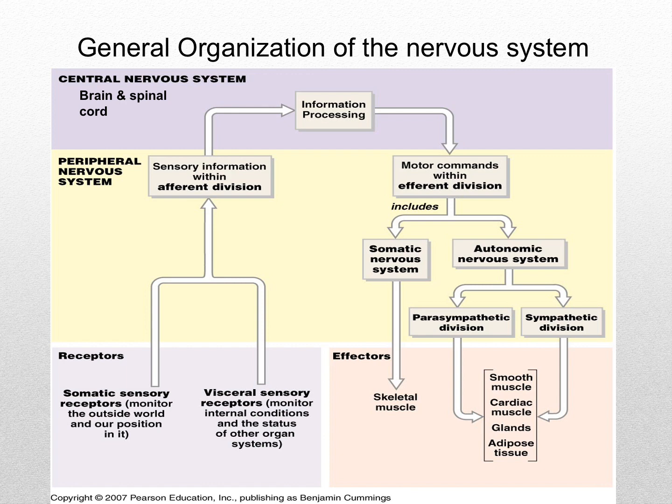There's a processing area in the central nervous system. And then there's a motor command within the efferent division, going away from the central nervous system. And then the effector is what the command does. Okay, and it can be in the skeletal muscle or in the viscera, depending on what part of the peripheral nervous system you are at, if you're voluntary or involuntary. So we're going to get into that a little bit more, but I wanted you to see the big picture.